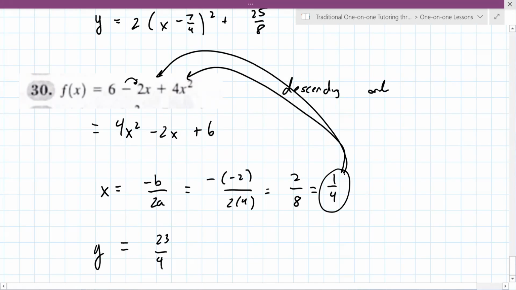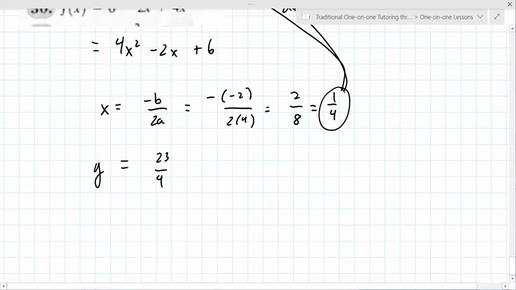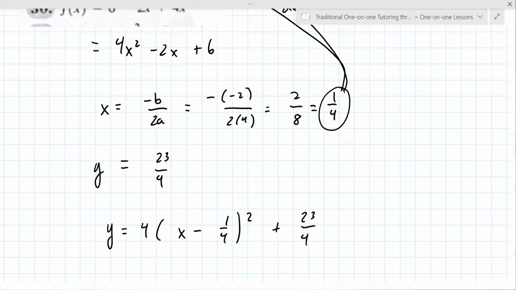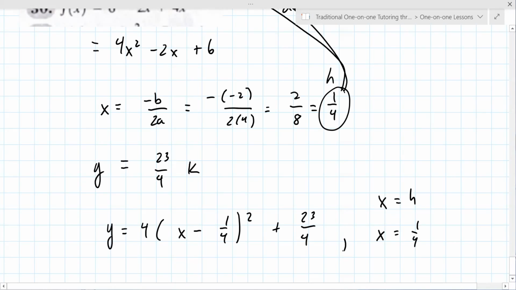Okay, so then your y is equal to 4 times x minus 1/4 squared plus 23/4, because this is your h and this is your k, your vertex. And so the axis of symmetry is x equals 1/4. It's always x equals h on that.